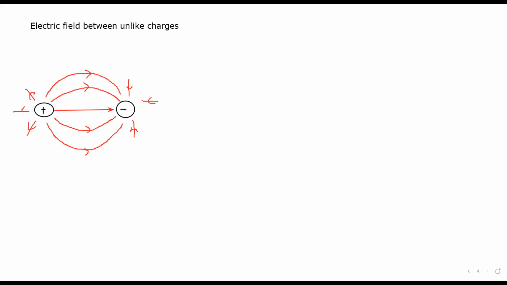And electric field lines between like charges. If identical or like charges are there, as we know, like charges repel each other. So positive and positive, or negative.